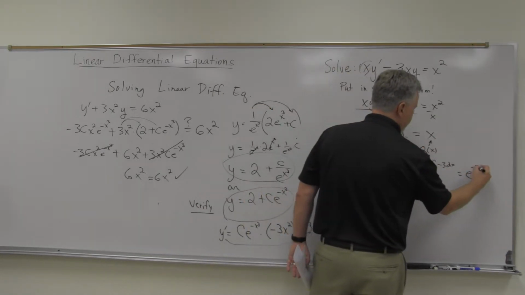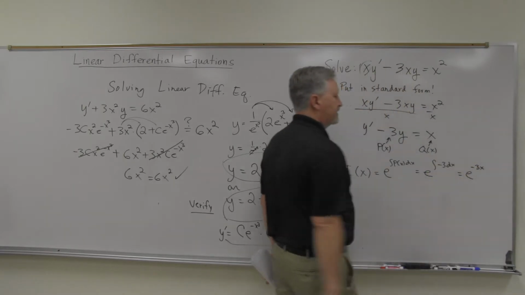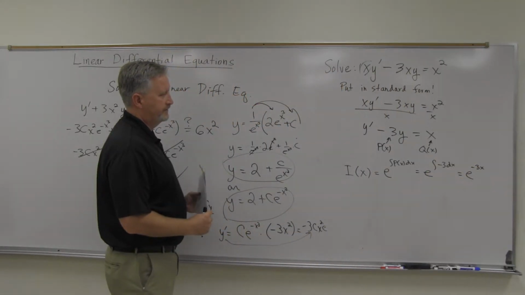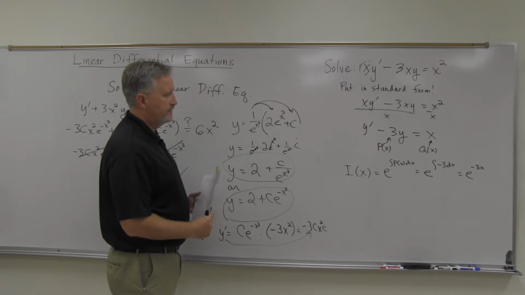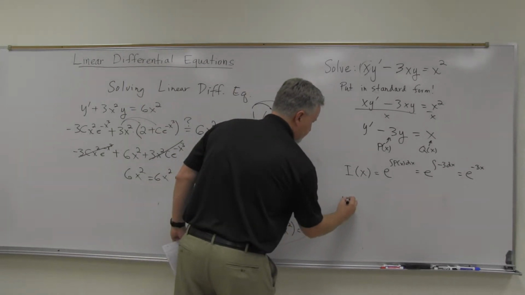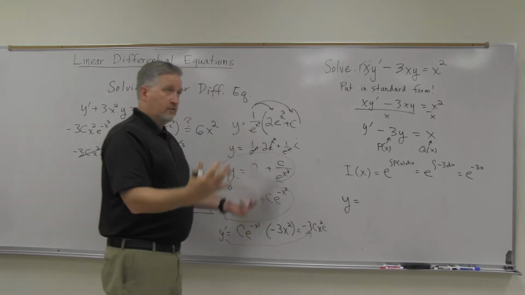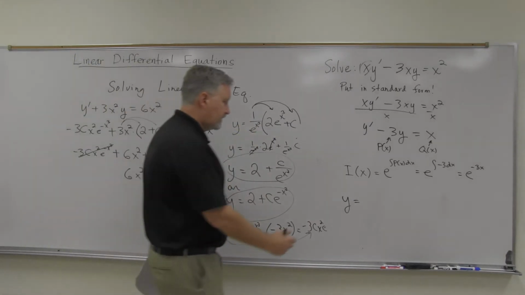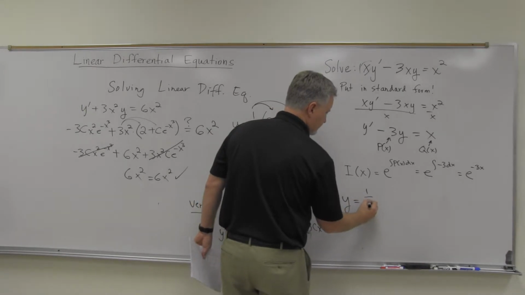That's just -3x. And like I said, we'll continue with the plus c in the next step here. All right. So now we go to the solution formula for linear. That is 1 over I of x. Matter of fact, let's go over here.